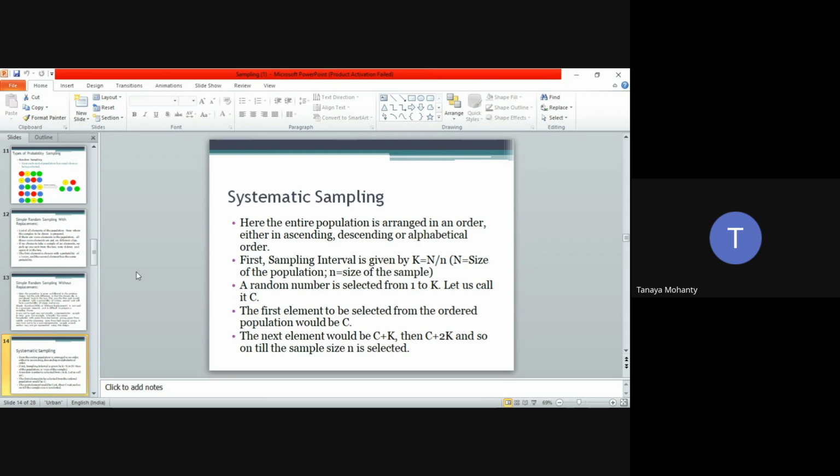So say for example, the size of my population is 100, and the size of my sample is 10. So 100 divided by 10 gives you 10. Then any random number is selected from 1 to 10. I will try to lay my hand on any of the names that is in the list. So say I started with a name starting with B.